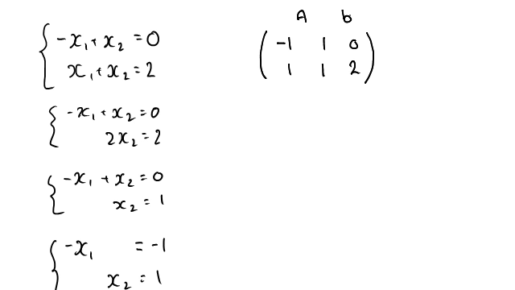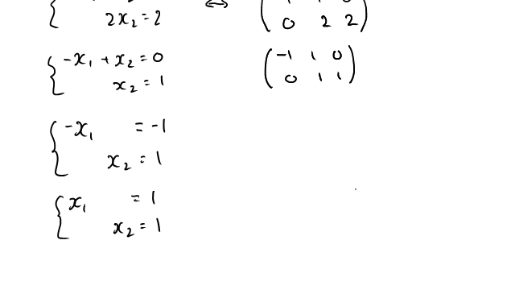So I add the first row to the second of this augmented matrix. That gives me minus 1, 1, 0, 0, 2, 2. That's an elementary row operation on the matrix, corresponding to the elementary row operation of the system. And this second matrix contains the same information as the second system. I move on, multiplying the second row of this matrix by a half. That's minus 1, 1, 0, 0, 1, 1.